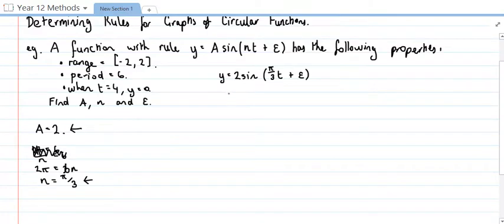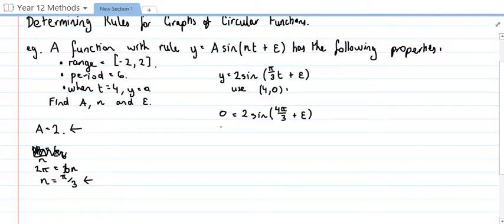Anyway, from there we know that when t equals 4, y equals 0. So using the point 4, 0, we get 0 equals 2 sine 4 pi on 3 plus that symbol, whatever it happens to be.